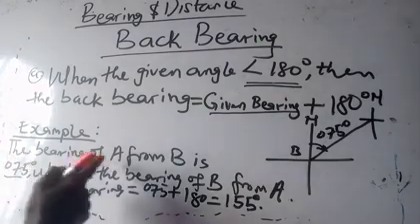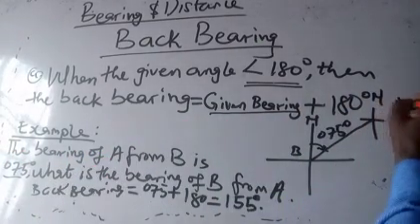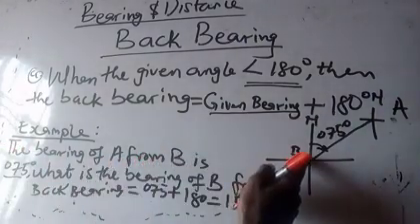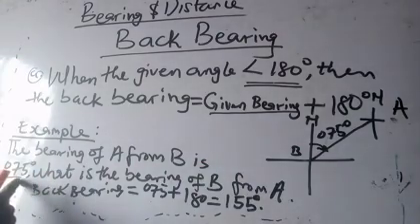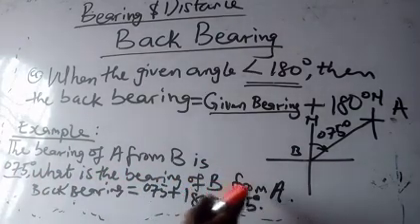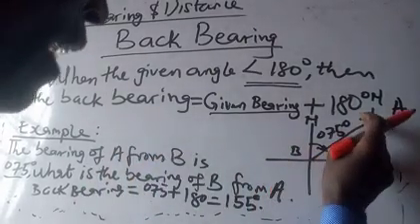The bearing of A from B is 75 degrees. What is the bearing of B from A? This line connects A and B together.